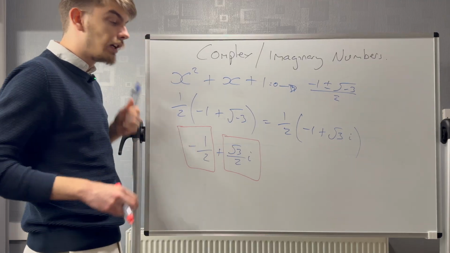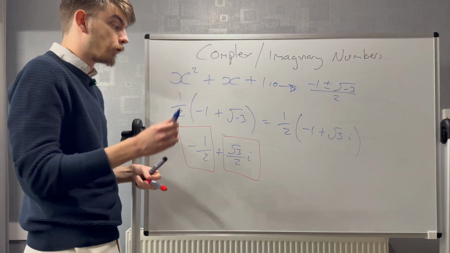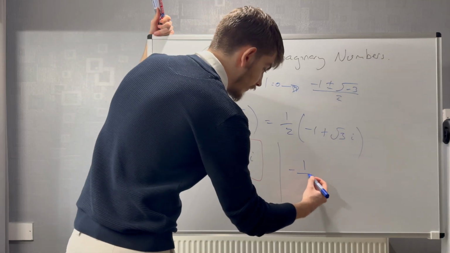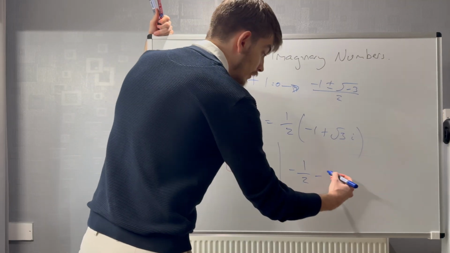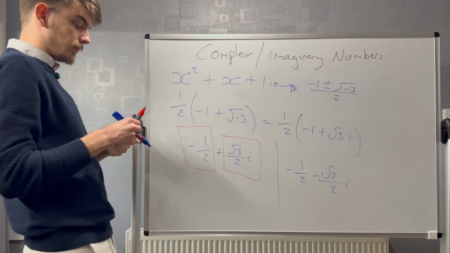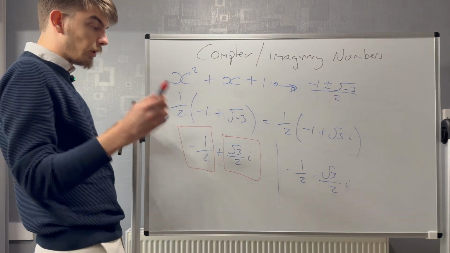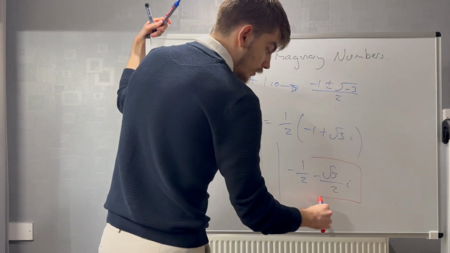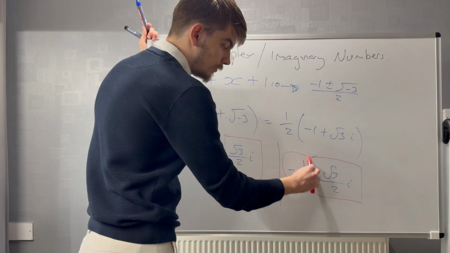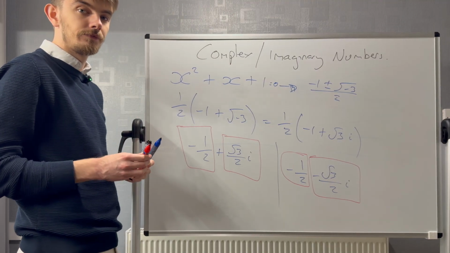So I've got a real number plus an imaginary number. Of course, remembering we do have a plus minus, so we also can't forget, I also have minus a half minus root 3 over 2i, which is my other solution to this equation, and also has an imaginary number, in this case minus root 3 over 2i, and a real number, minus a half.